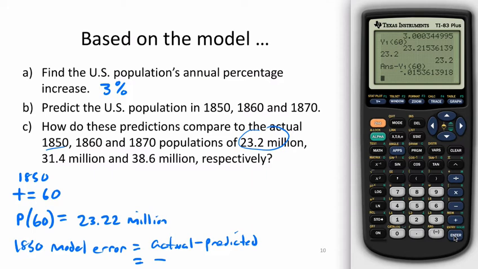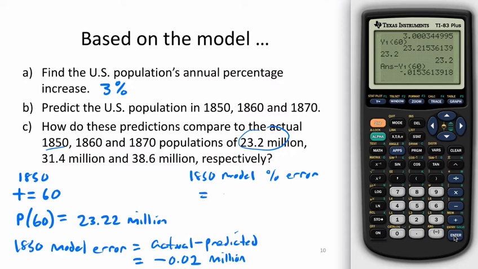Negative 0.02 million people. Okay, I'm going to interpret that in a little bit. But that's the 1850 model error. What's the 1850 model percent error? Well, it would be the actual minus predicted, that's the error, divided by the actual times 100.